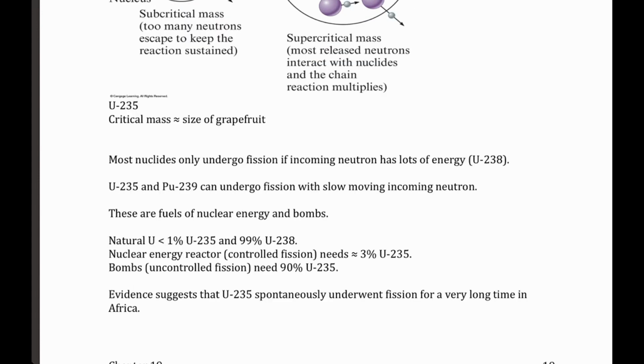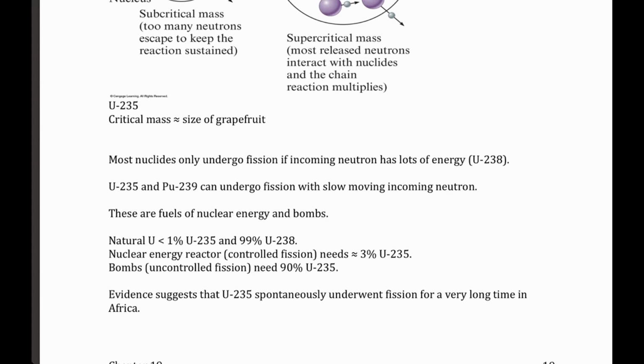Natural uranium is about 1% U-235 and about 99% U-238. The big difference between those two isotopes of uranium is it's U-235 that undergoes fission. U-238 simply undergoes the alpha and beta decay process, not producing those tremendous amounts of energy.